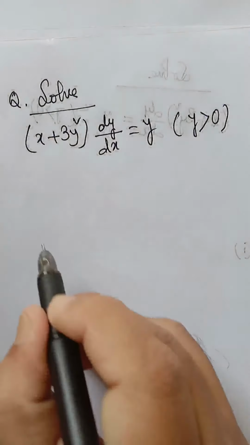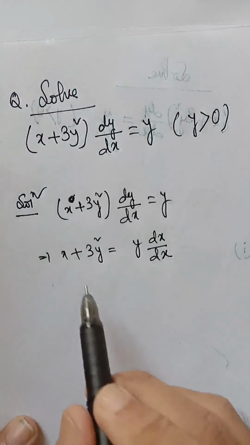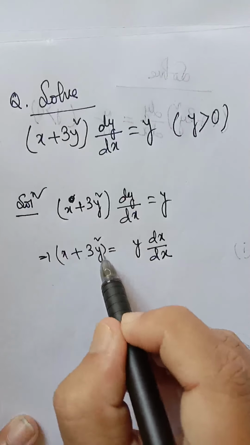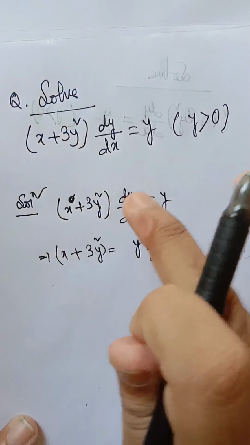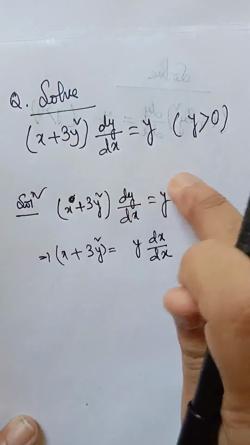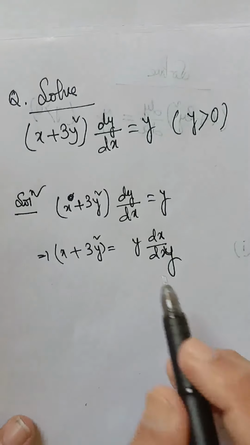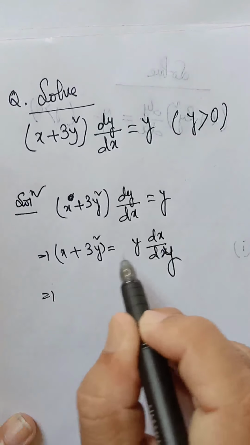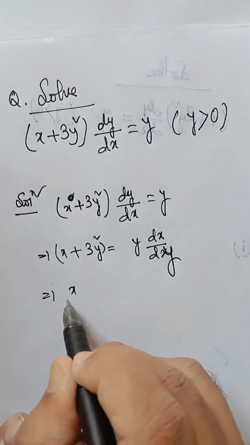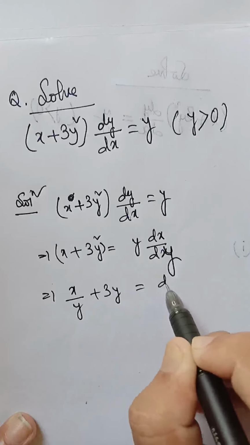So the first step, x plus 3y square equal to, I brought this to the right hand side, considering this as differential, y into dx by dy. Now I will divide both sides by y, so this will become x by y plus 3y is equal to dx by dy.